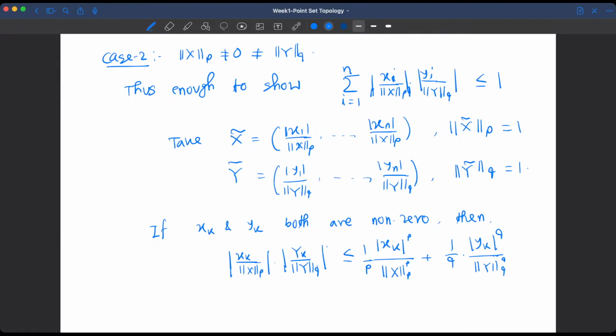Now just take the sum on both sides. If the sum is 0, that is, if xk is 0, then it is anyway 0 equal to 0, so I can take the sum.